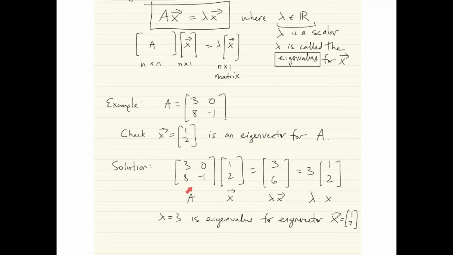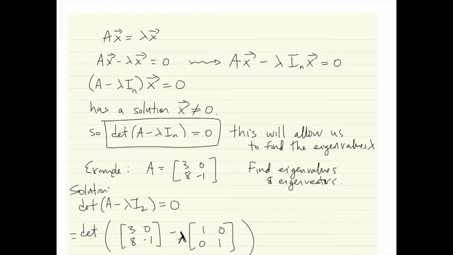So we take our matrix A, our eigenvector, and do the matrix multiplication. 3 times 1, 0 times 2 is 3. 8 times 1, negative 1 times 2, add the result, you get 6. And that's 3 times the vector 1, 2. And so our eigenvalue is 3 for this specific eigenvector 1, 2.